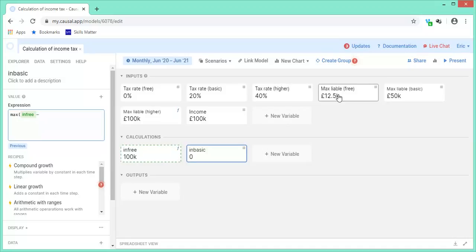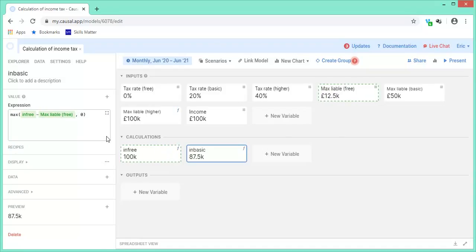However, if they make less money than the free band, so for example, let's say they make 11,000, then this expression here will be negative. And again, you don't tax people on negative, so we do the maximum of this and 0.